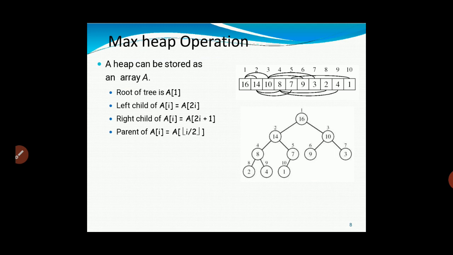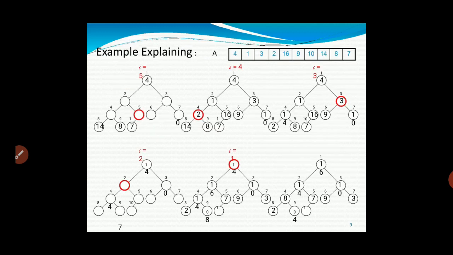This is the heap operation, and here is an example. Given an array A equal to 4, 1, 3, 2, 16, 9, 10, 14, 8, 7. Here i starts with 5.